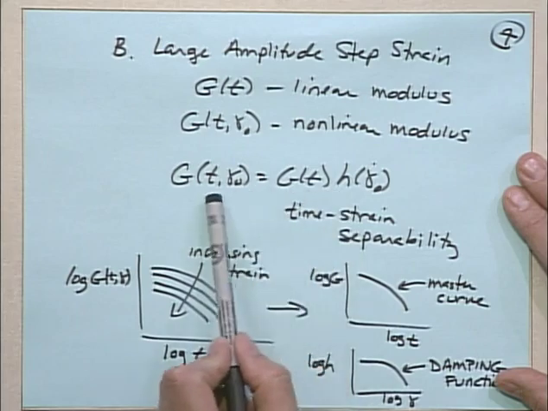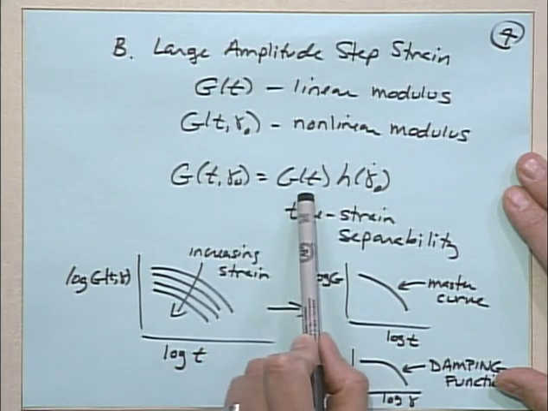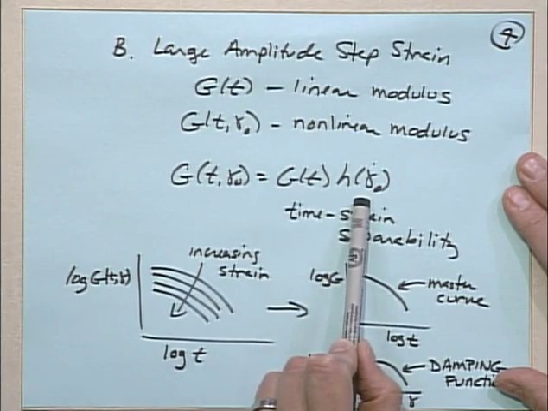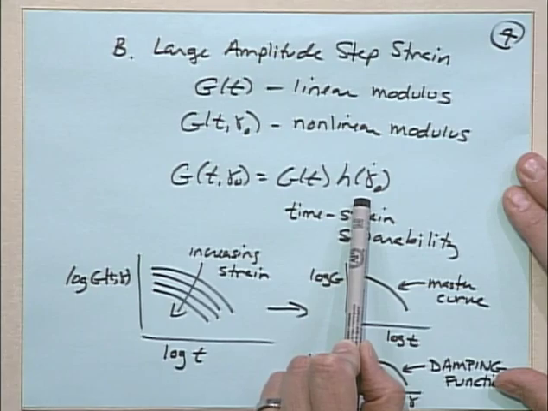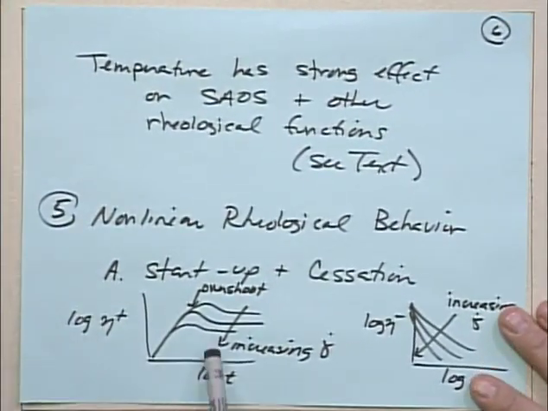Then I said, well, sometimes this multivariable function can be separated into a function only of time and a function only of strain. And that's helpful to us because it simplifies the way we think about these functions. This was not possible back here for these functions of time and shear rate.